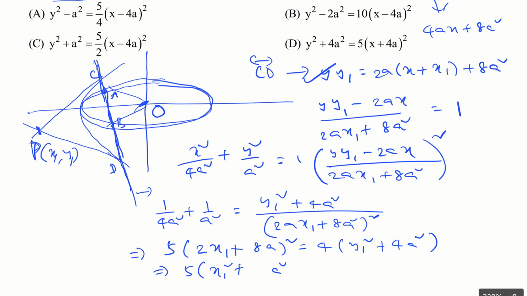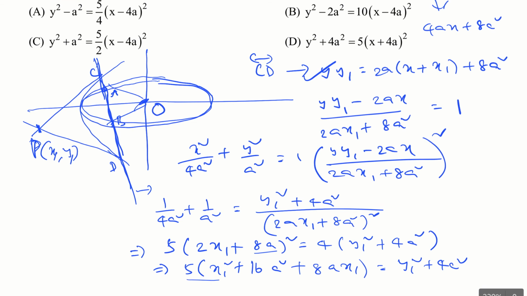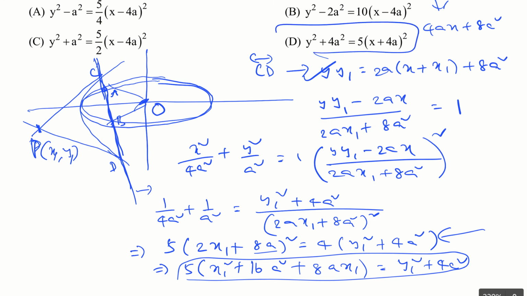After cancelling a 4 on both the sides, I'll have 4 only here. So that will be 16a square plus 8a x1 will be equal to y1 square plus 4a square. Wait, I don't have to do this much simplification also. Here itself, if you cancel 4 on both the sides, you have your answer as option D. Let's go to the next problem.